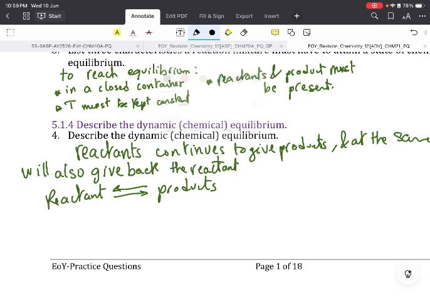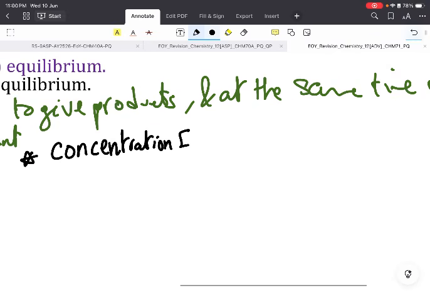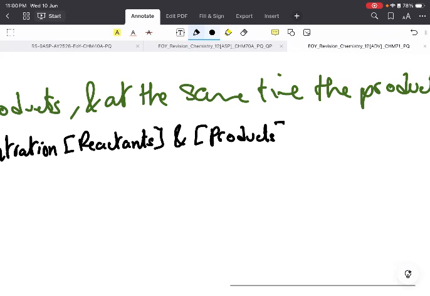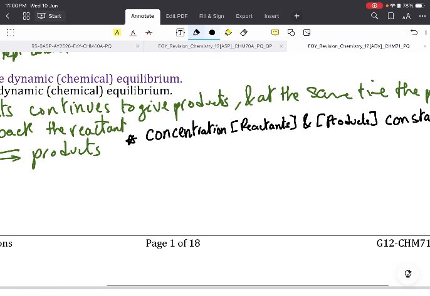Now there are two important points for a dynamic equilibrium. The concentration, the symbol of concentration is brackets. The concentration of reactants and products must be constant. And I will stress that they should not be equal, they should be constant.